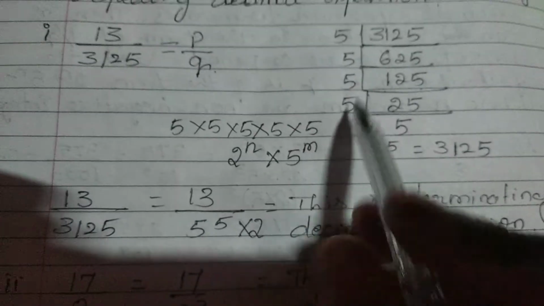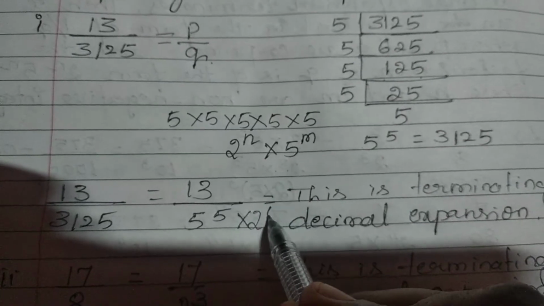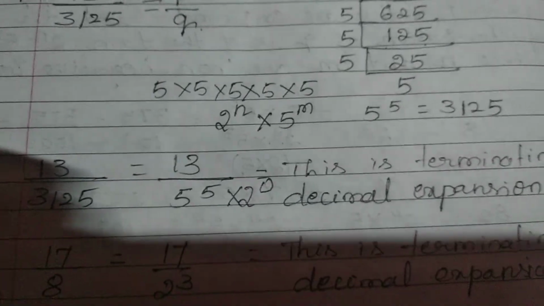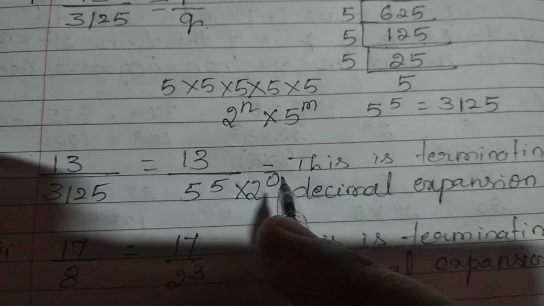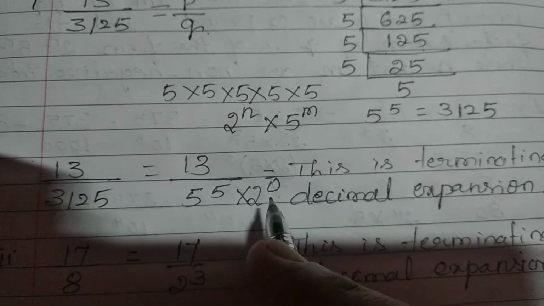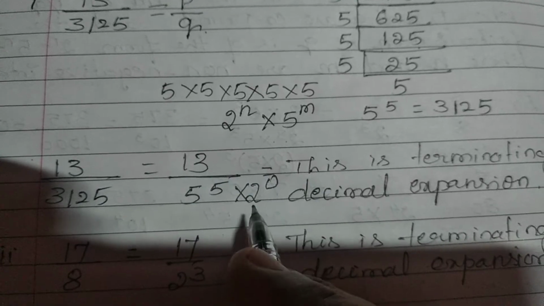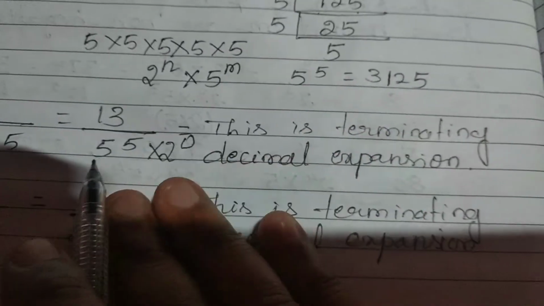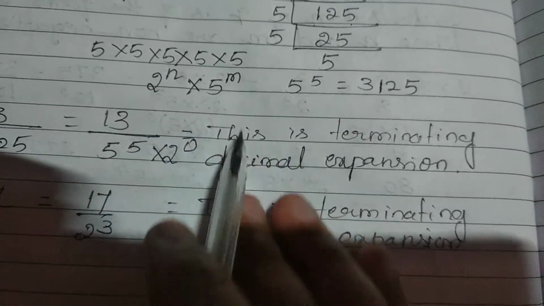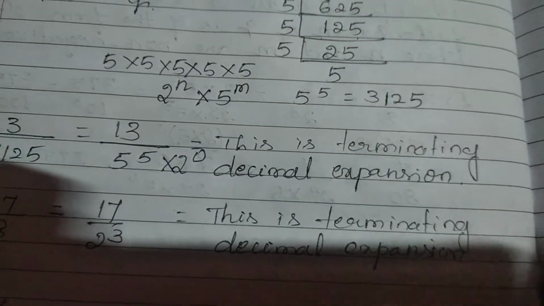There is no prime factor 2, so we can write 2 to the power of 0, which is 1. Anything to the power of 0 is 1, as you already know from the laws of exponents. So we can express it in this form, and this is a terminating decimal expansion.